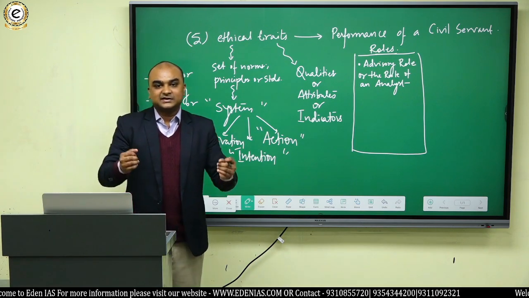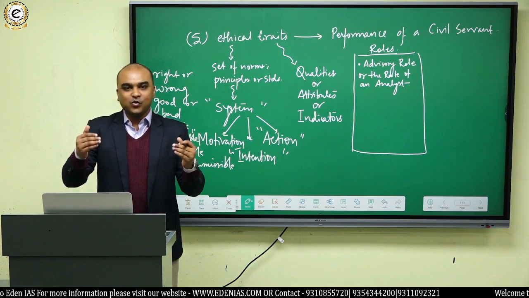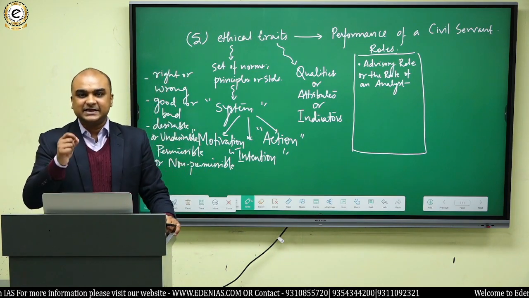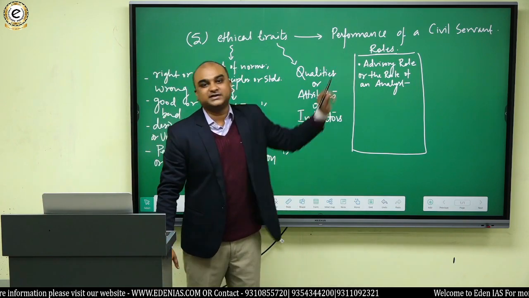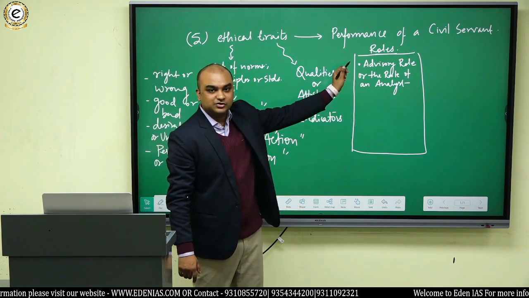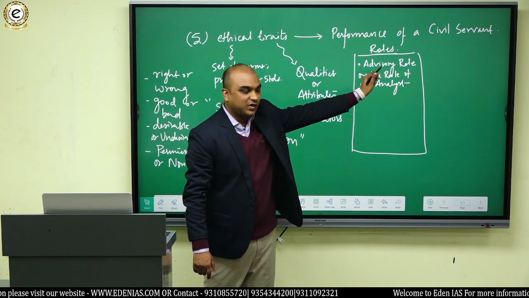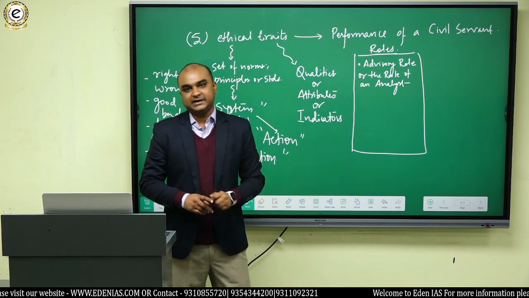But civil servants work behind the curtains. They work in anonymity. They are the principal advisors to the ministers. That's why the first important role of a civil servant is the advisory role or the role of an analyst.